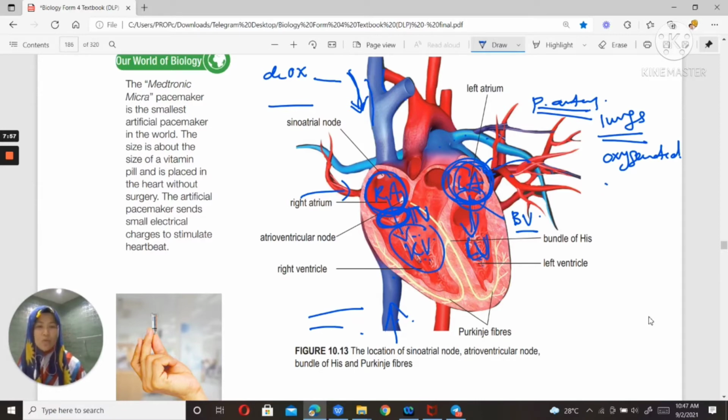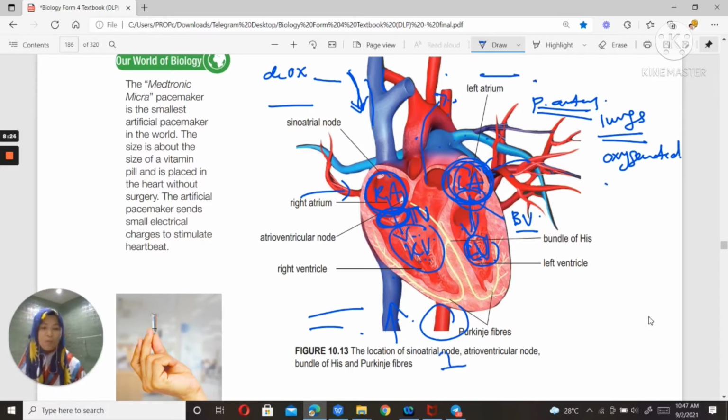Now the left ventricle will contract to push the blood out from your heart through the aorta. So oxygenated blood will be transported to the whole body. This is the branch of the aorta. Oxygenated blood will be pushed to the whole body, including the upper and lower parts of your body.